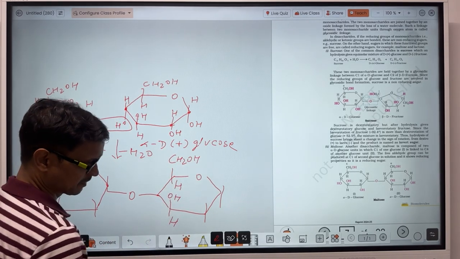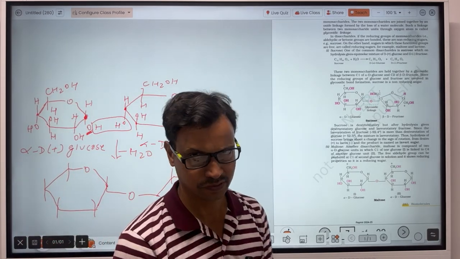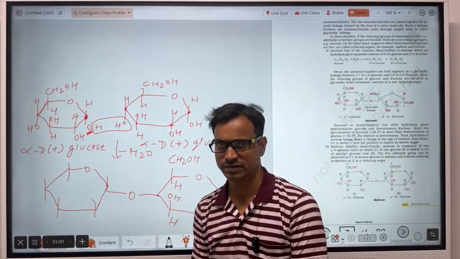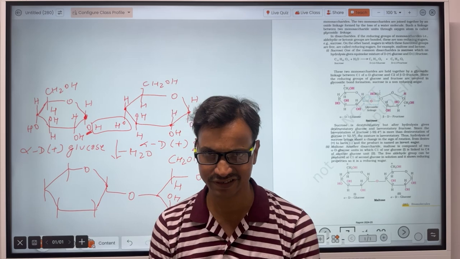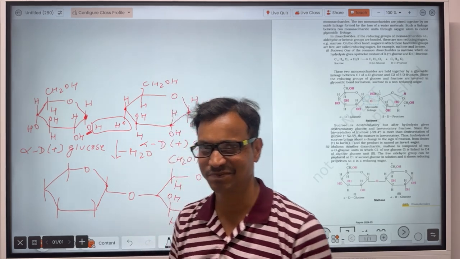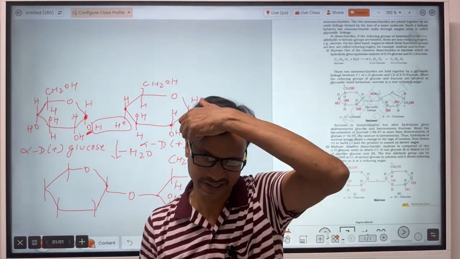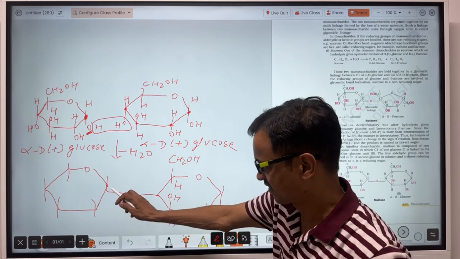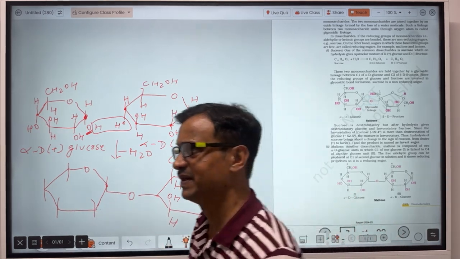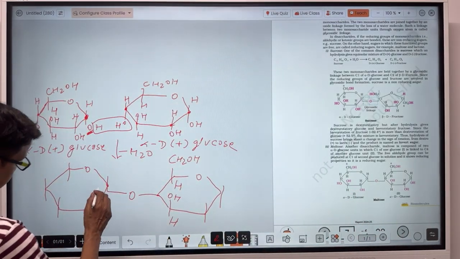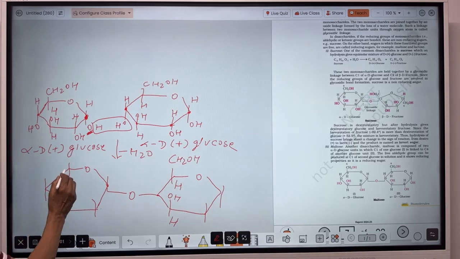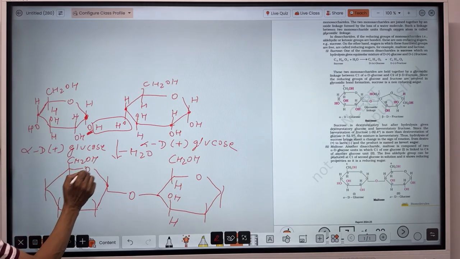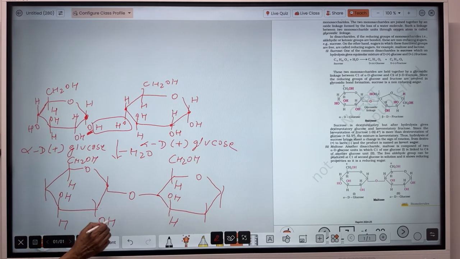If in the examination, while drawing the structure, you wonder whether you are doing it wrong or not, keep in mind that at the third carbon atom, first, second, third, the OH will be above, with CH2OH and hydrogen here. So at the third carbon atom the OH will be above, and in the remaining positions the OH will be below.